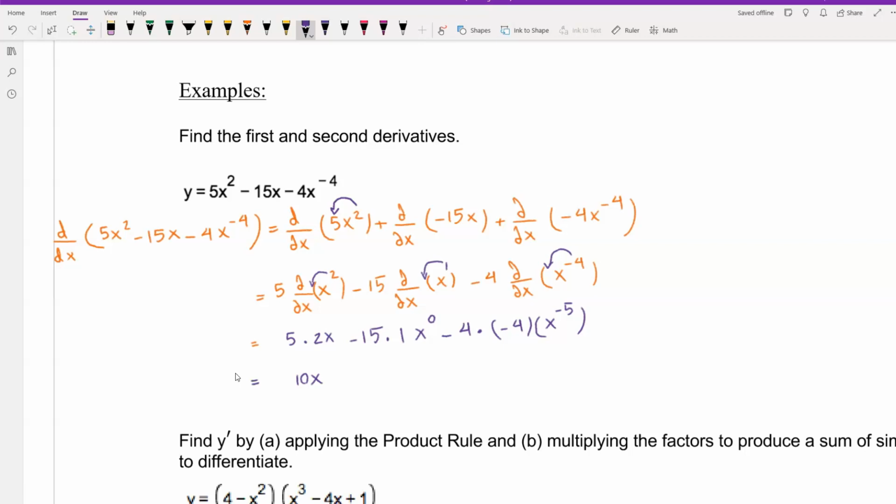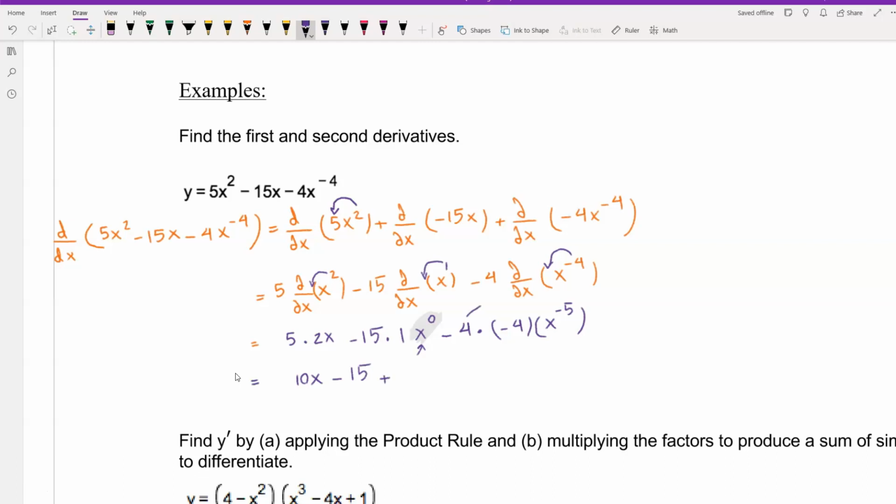Now what is our final answer? We have 10x minus x to the 0. It doesn't matter what base you have. If power was 0, if exponent was 0, the answer for this part will be 1. So that is 1. So what they have here is negative 15 times 1. So that is negative 15.